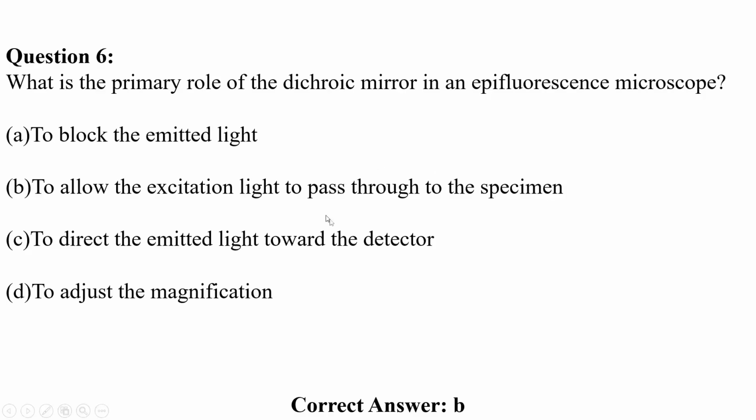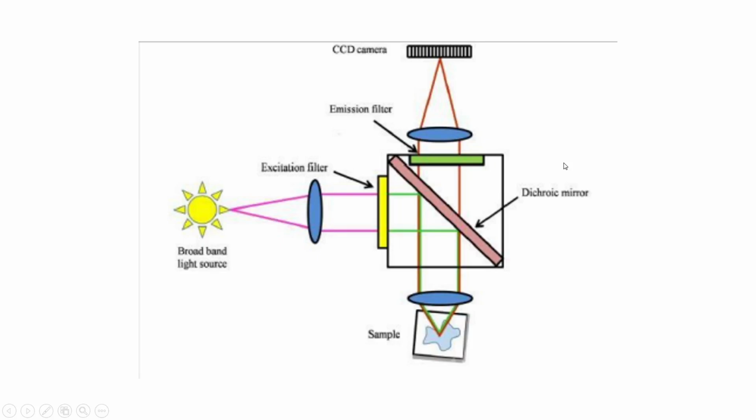The excitation light will hit the sample, and whatever is emitted passes through the dichroic mirror. The excitation light will always reflect, and then the emission light would pass through the dichroic mirror.